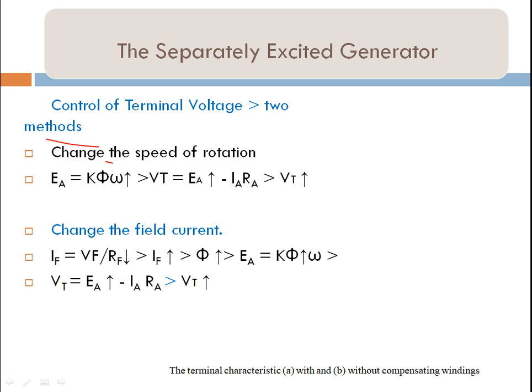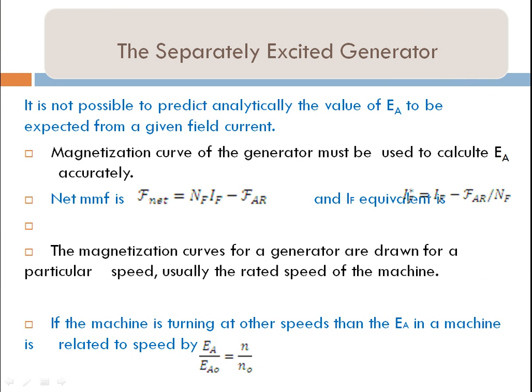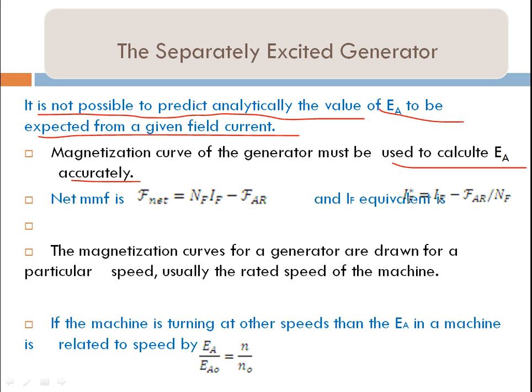For control of the terminal voltage of a separately excited generator there are two methods. One is to change the speed of the rotor, since EA equals K phi omega and VT equals EA. The other is to change the field current. For a separately excited generator, it is not possible to analytically predict the value of EA for a given field current. The magnetization curve for the generator must be used to calculate EA accurately.